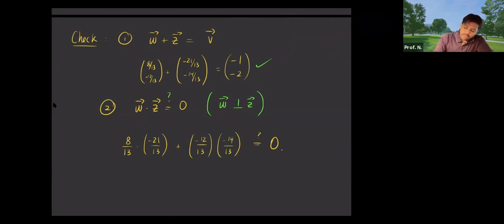So if I put in -21, I get -168 over 13. And then 12 times 14 is also 168 as well, as expected. So this is 168 over 13, and the sum does equal 0. So indeed, I found two vectors.